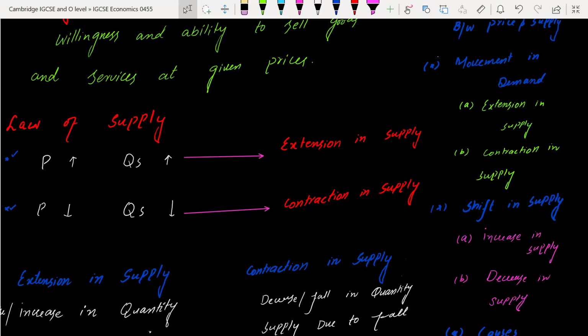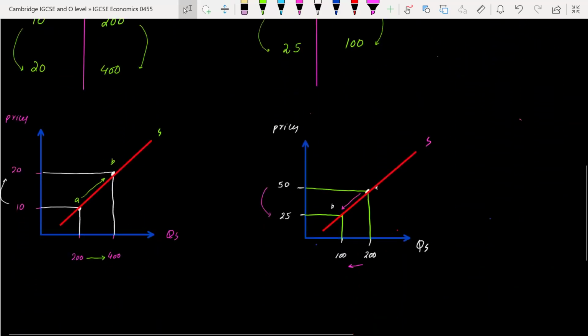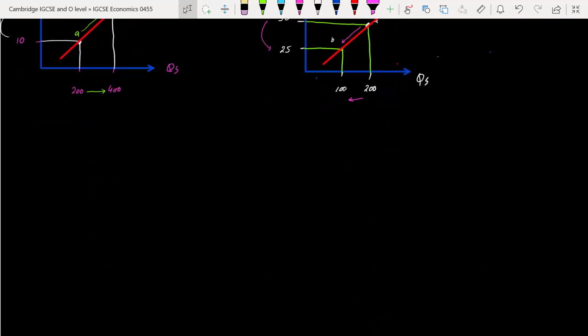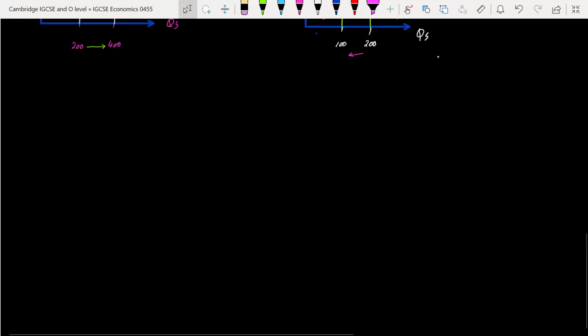And one more important thing: movement in demand or movement in supply will be along the x-axis, means there will be no new curve. But when we make a shift in demand, it will be due to non-price factors. So let's talk about shift in demand or shift in supply, it will be the same.